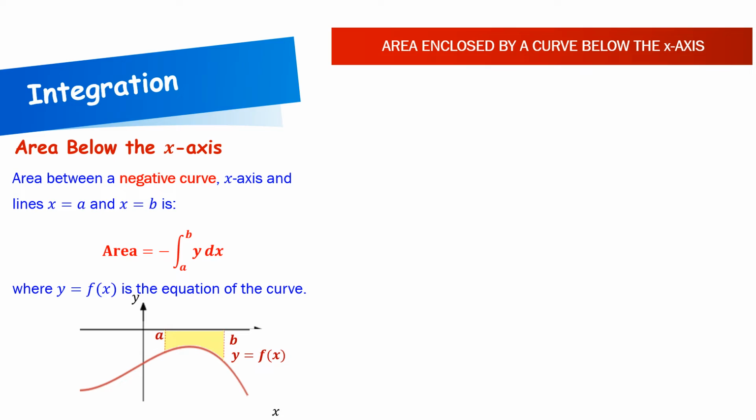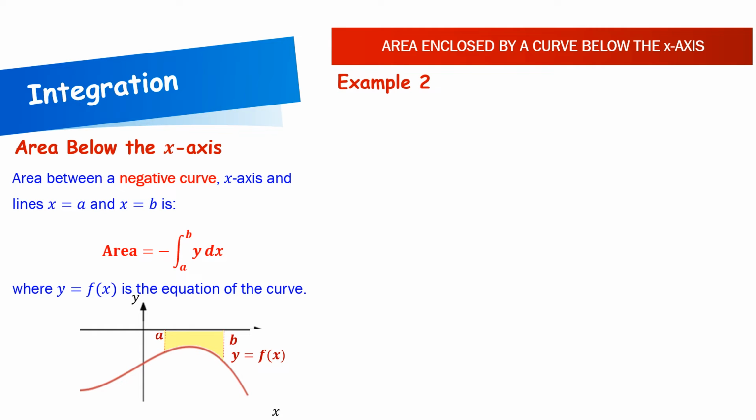Since the curve is negative, notice in the diagram that it's below the x-axis, and therefore we're looking for the highlighted region. And that is why the integral has a negative sign in front of it.